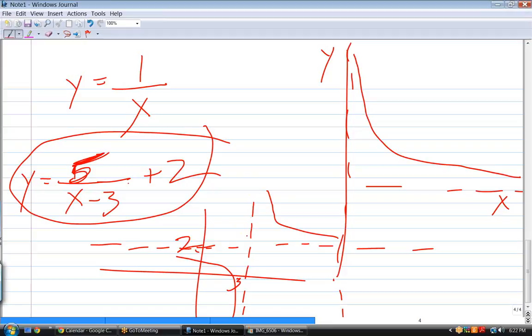I still have a vertical asymptote, I still have a horizontal asymptote, and I'm still going to draw this function as hyperbolic. The only thing is that every point that was just a couple of things away from this horizontal asymptote is now 5 times further away. So the effect of that is to flatten out the hyperbola.